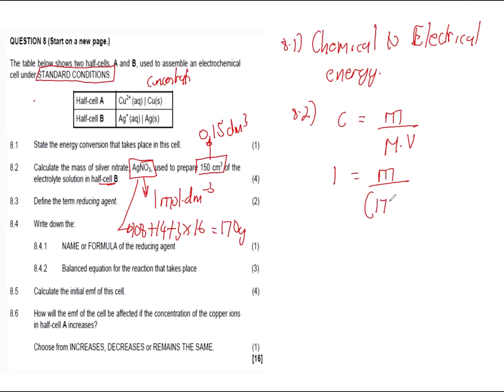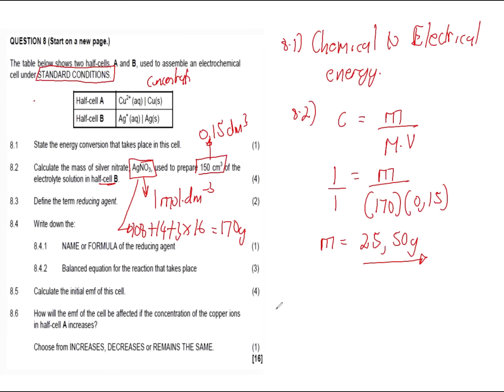Okay, so we're going to have 170 here and then multiply it by 0.15. So obviously 1 over 1, if we cross multiply here, our mass is going to be 170 times 0.15, which is 25.50 grams, rounded off to 2 decimal places, right? So that becomes the mass, and that's 4 marks just like that. So that's how you were supposed to calculate it. And all you had to remember is that on your standard conditions, the concentration of the electrolyte is 1 mole per dm cube.